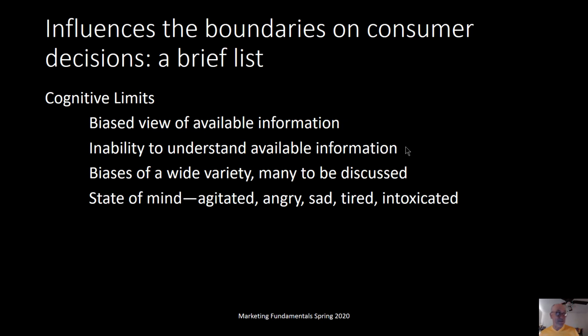There are cognitive limits. You have a biased view of the available information. That is, we've talked a little bit about confirmation bias in class, and that simply means you want to look at information that makes you feel like what you already know or are sure is right is in fact right. Your inability to understand that available information.